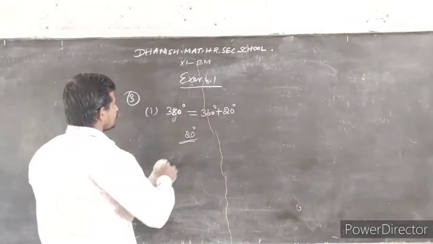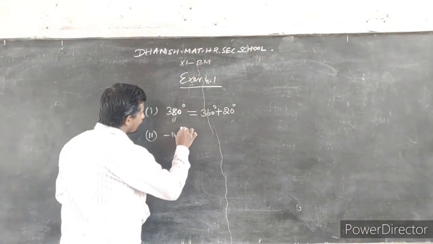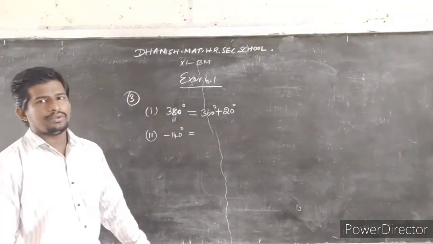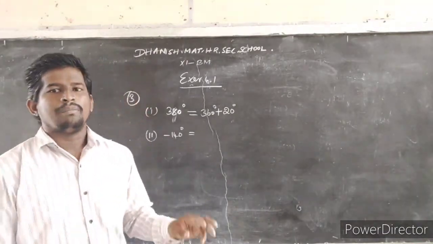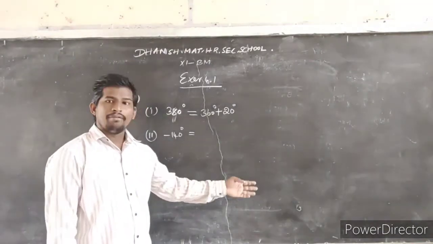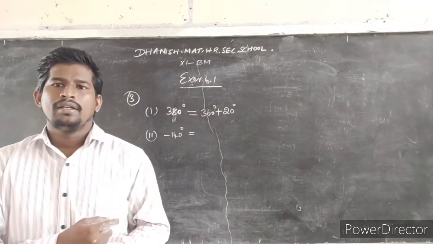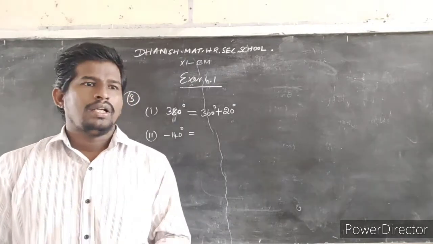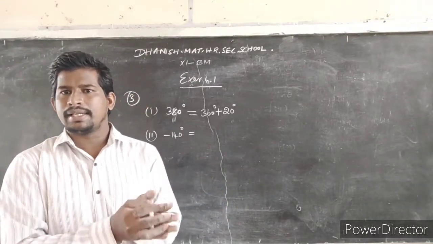Similarly, second one, minus 140 degree. Already told you 0 degree to minus 90 degree lies in the fourth quadrant. Minus 90 to minus 180 lies in the third quadrant. The angles between minus 180 to minus 270 degree lie in the second quadrant.